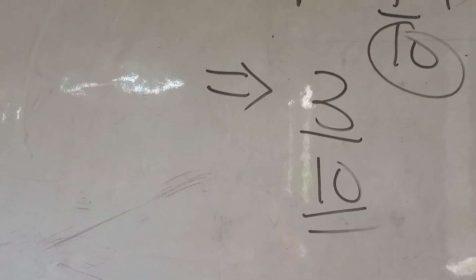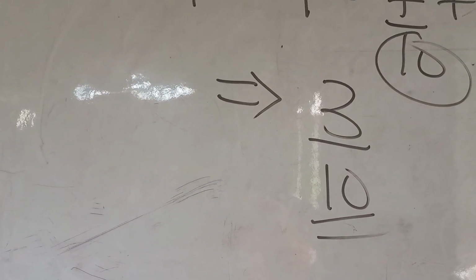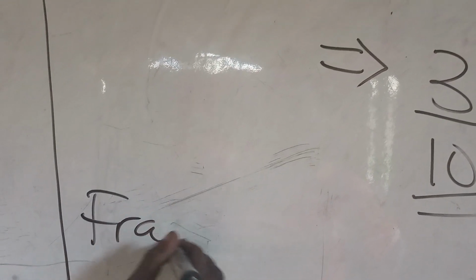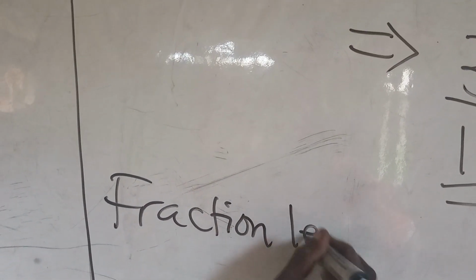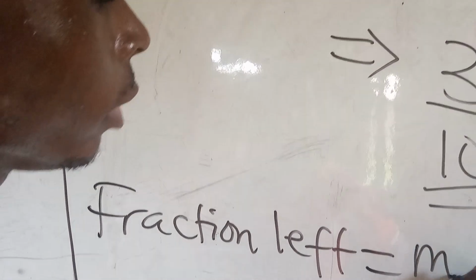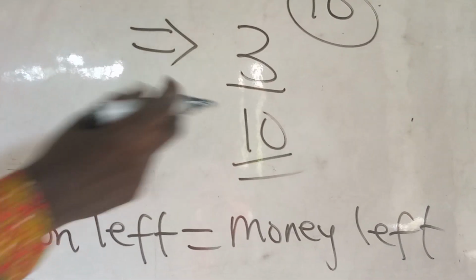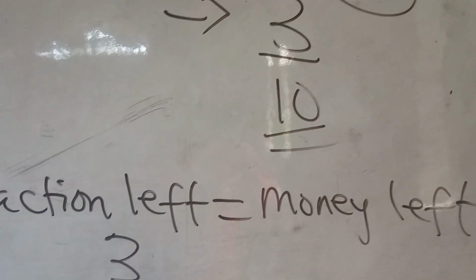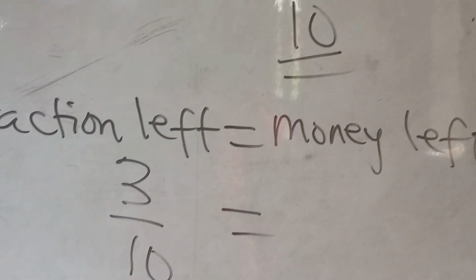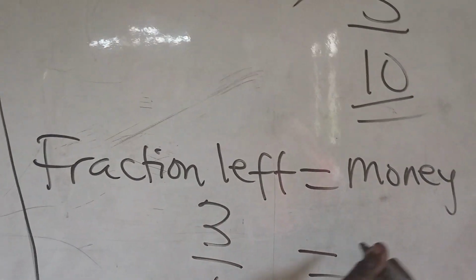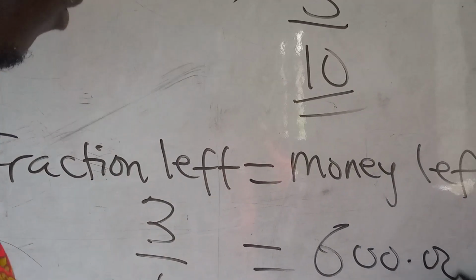For us to get our salary, that's how much was Emina's salary, fraction left is equal to money left. And our fraction left now is 3/10, equal to our money left here, which is 600 cedis.